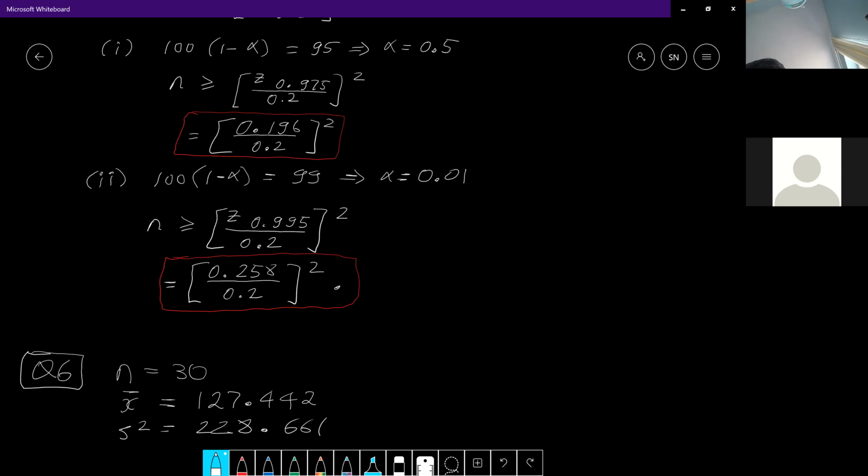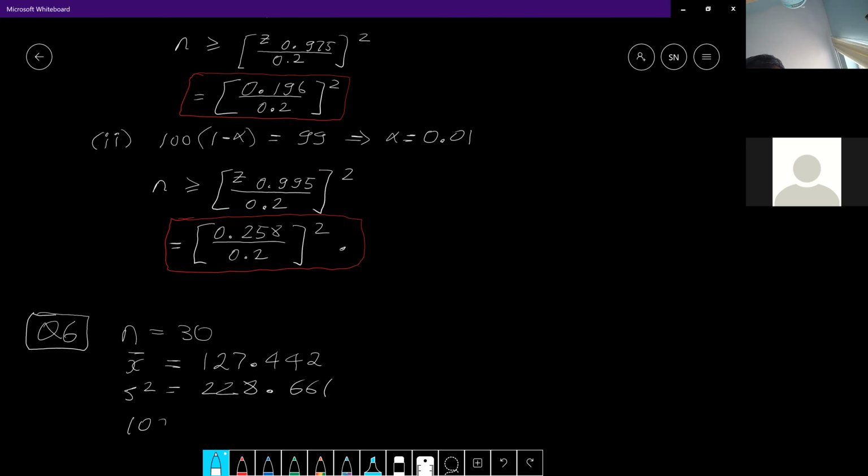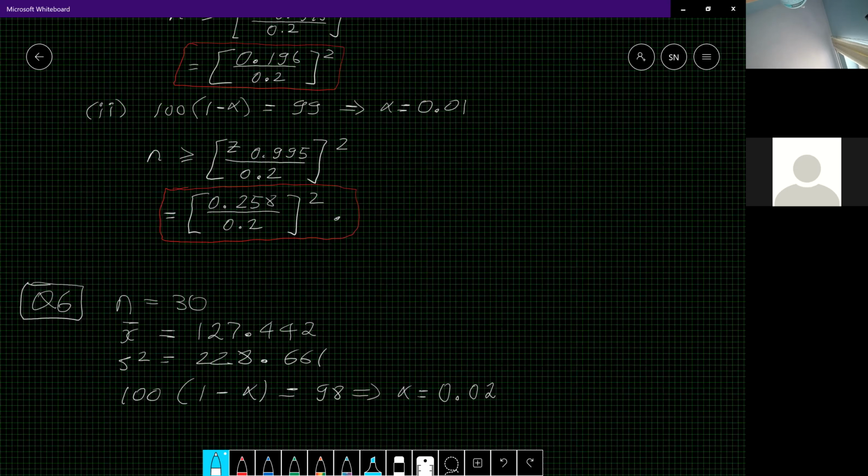We are looking for a 98% confidence interval. In other words, 100 times (1 minus alpha) is 98, which implies that alpha must be 0.02. Okay, so these are the things that we are given.